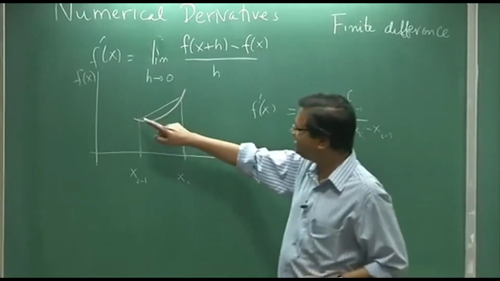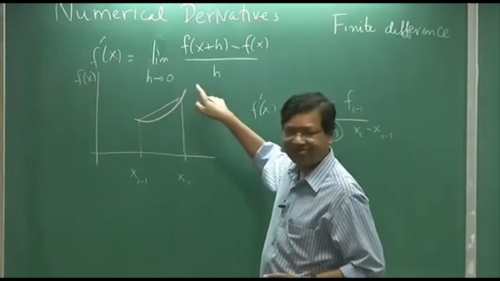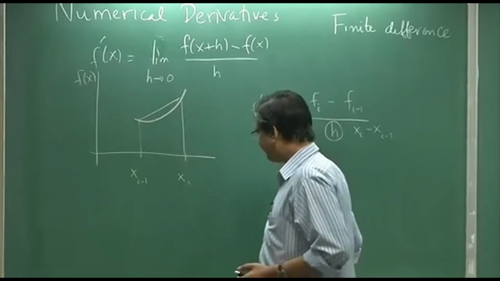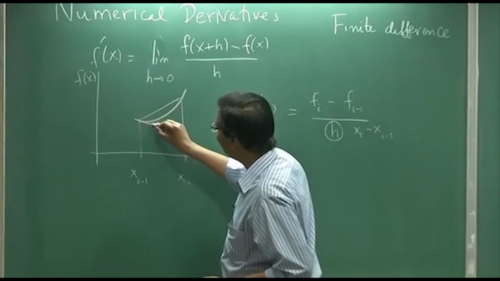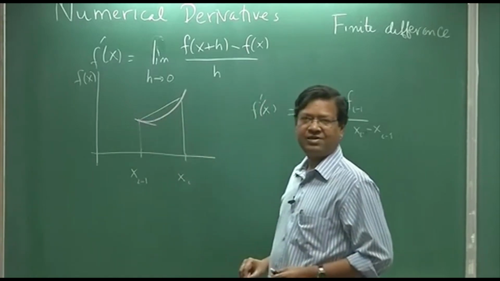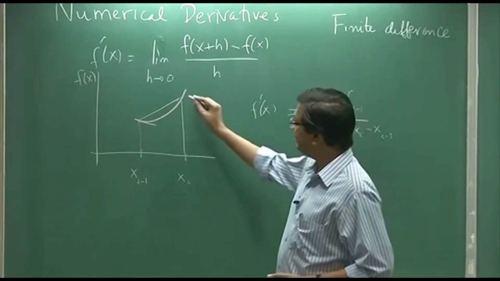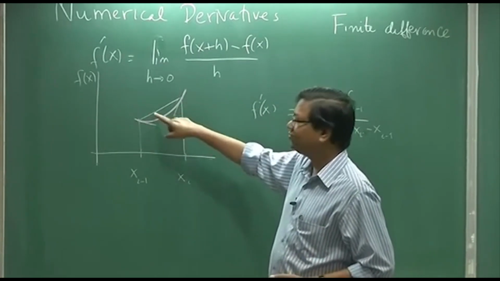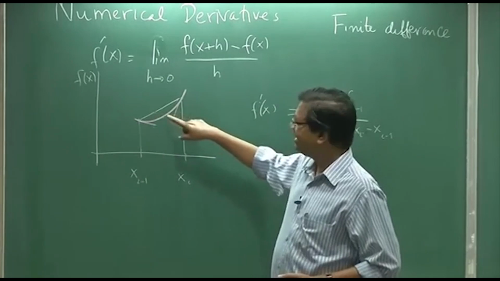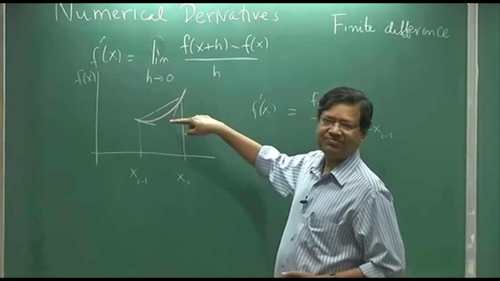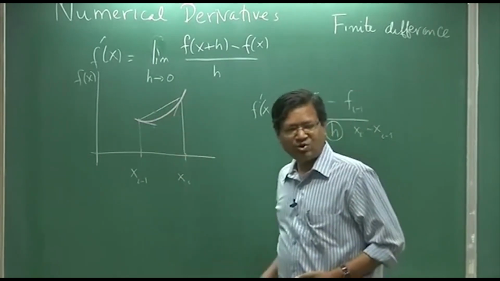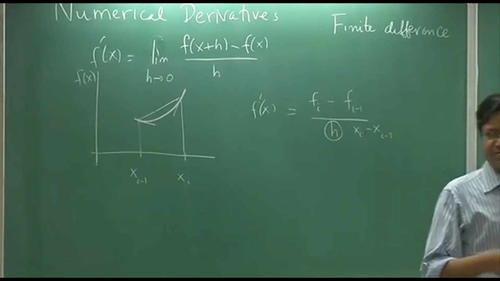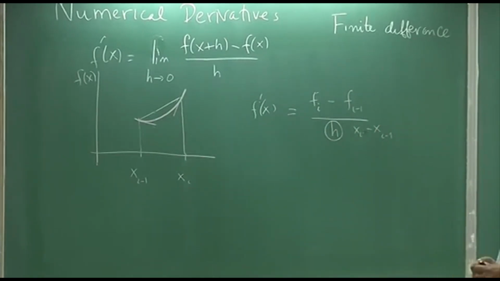My derivative number is this slope, but the value of the derivative at this point is in fact slightly negative. Here it is positive, so at this point it is overestimating, and at this point it is underestimating. So as soon as you put in nonlinearity, higher order terms, this does not work.